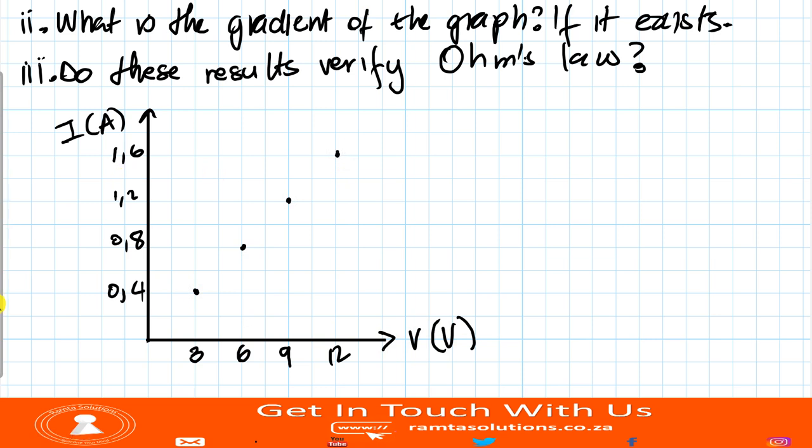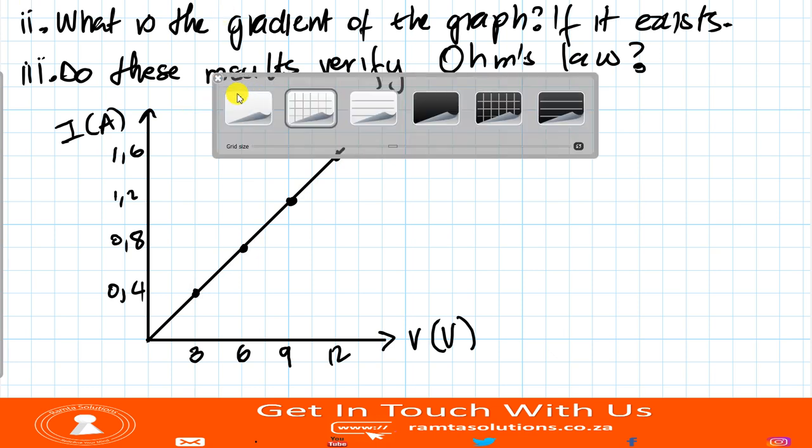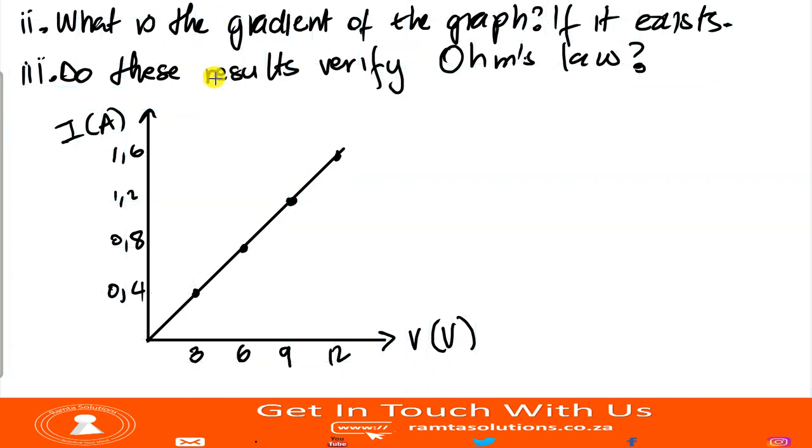So if you were to draw a straight line between them, this is what you would realize. Can you see that? These are our solutions, by the way. Let me remove the grid. I'm done with it.